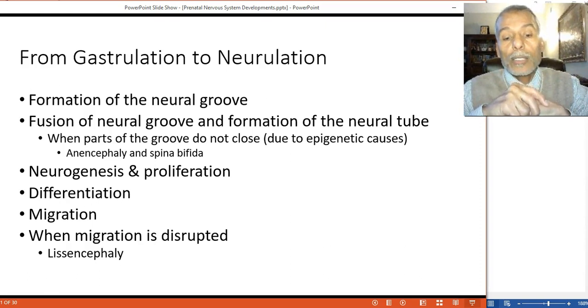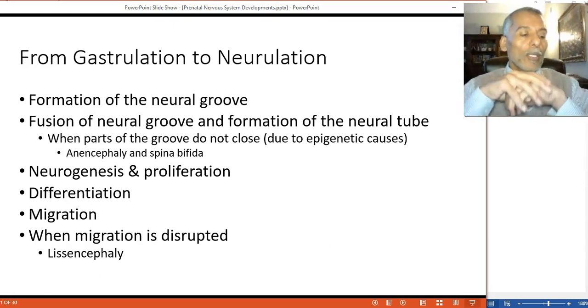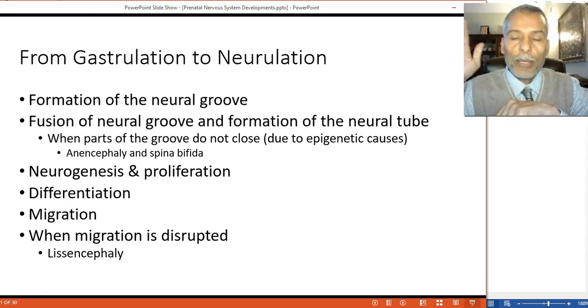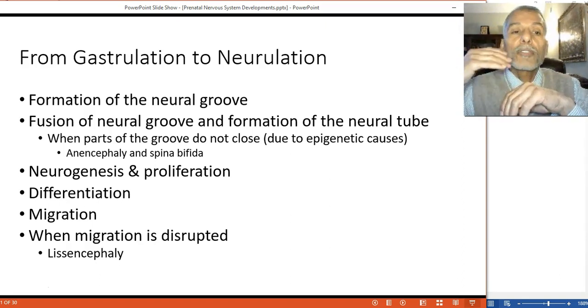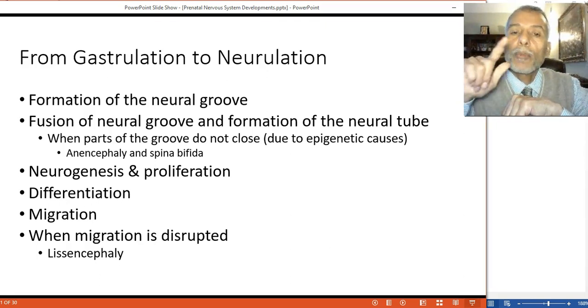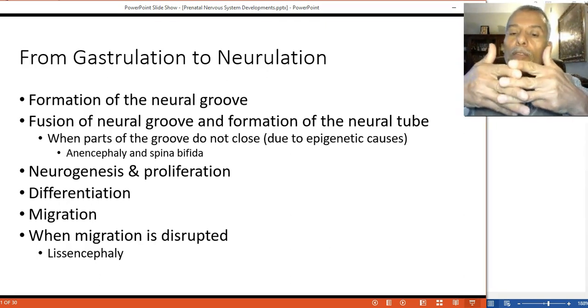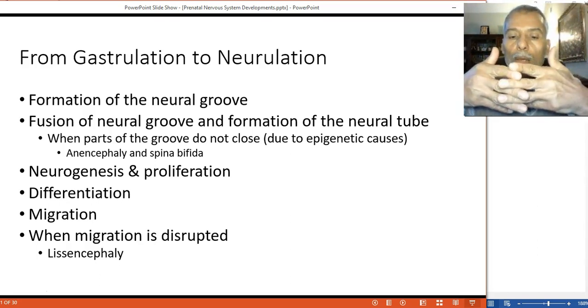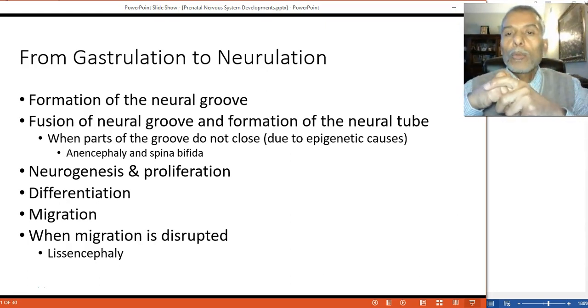So that is what the new research is showing us. You will find a lot, based on the older research, that speaks about differentiation as something happening a long time after, but that is not the case. The processes of neurogenesis, cell differentiation, and migration are very, very well synchronized, and all of them happen almost at the same time.